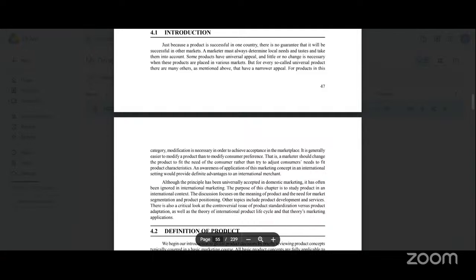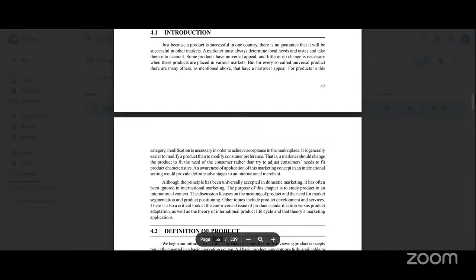If you were to look at, say, Coca Cola or Pepsi, we can say to a broad extent it has a universal appeal. There's not much change in the basic product. Of course, there are multiple variants in each country that we visit, and it's customized to that, but the broad formula for Coca Cola or Pepsi remains the same.